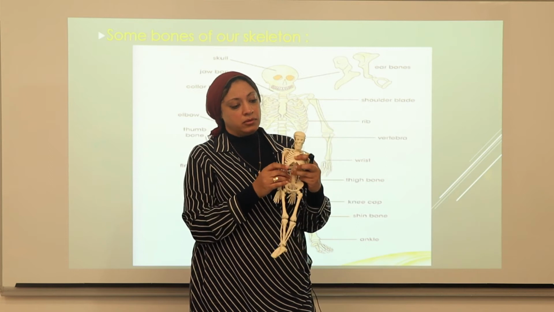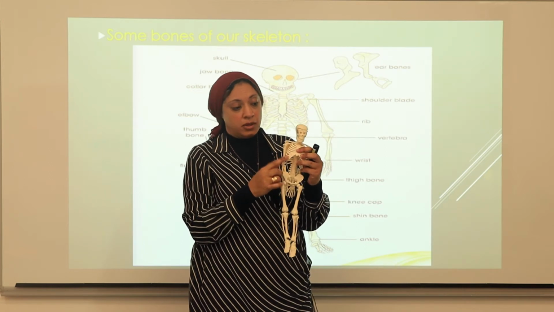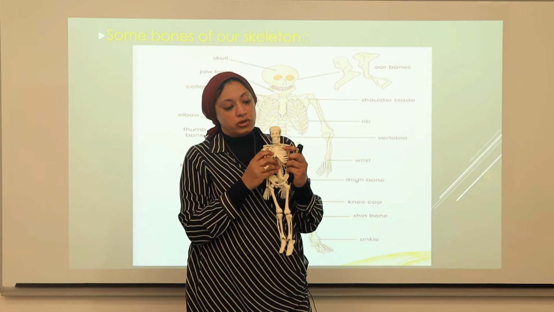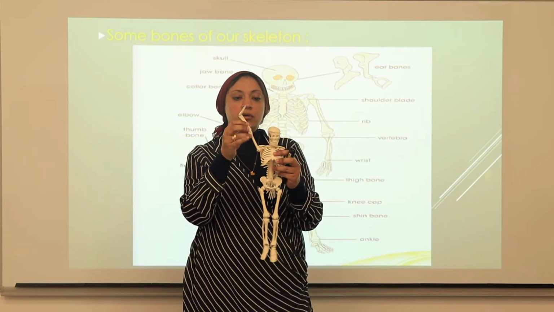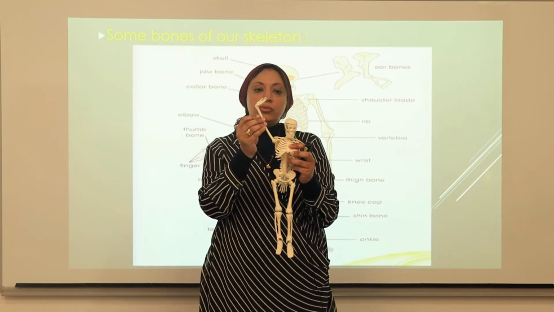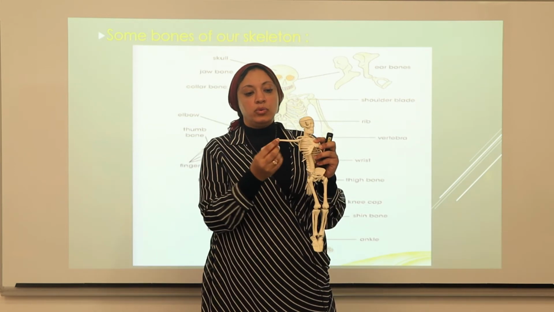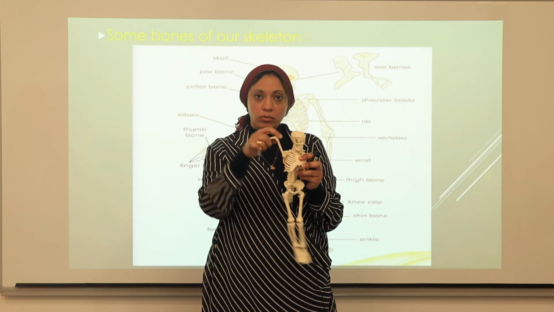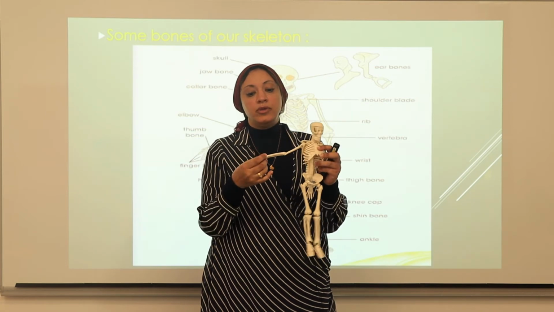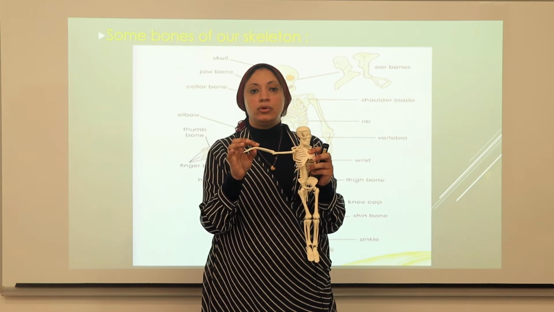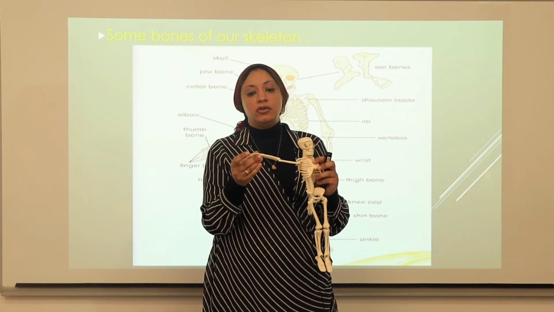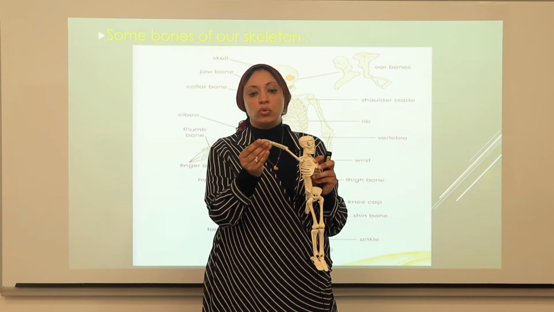Then we have here the ribs, and the ribs are joined with the sternum bone, and I have here the upper arm bone and the lower arm bone, and then between them we have the elbow. This one is the elbow, and I have here the wrist between your hand and the lower arm bone, and I have here the finger bones.